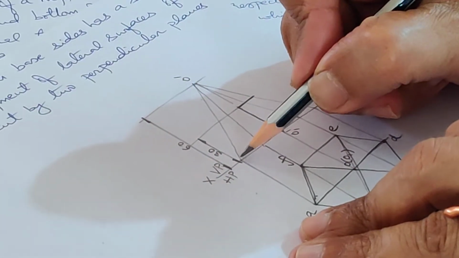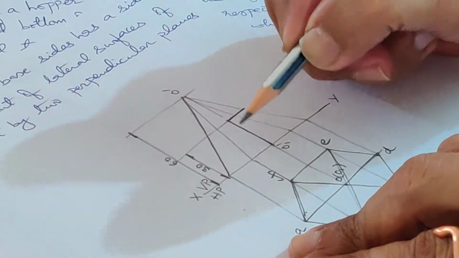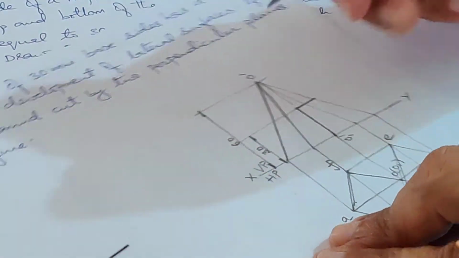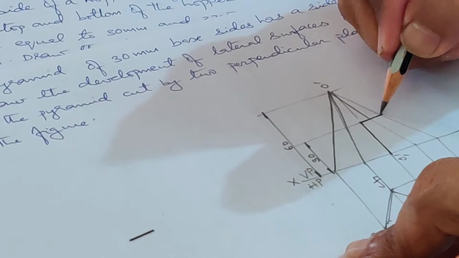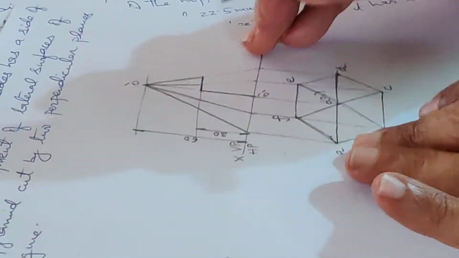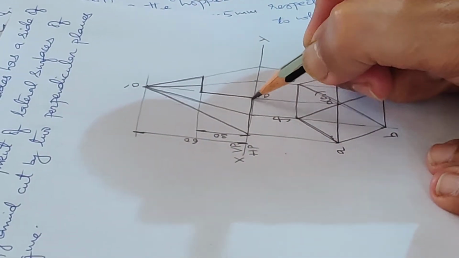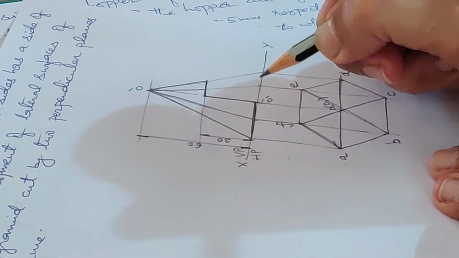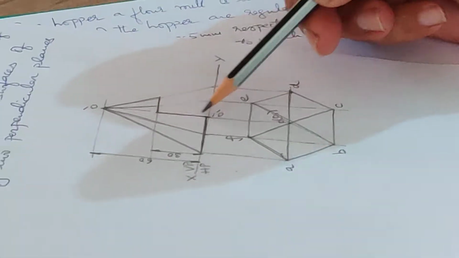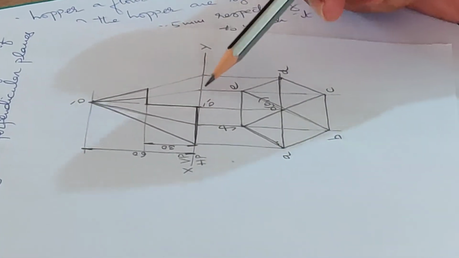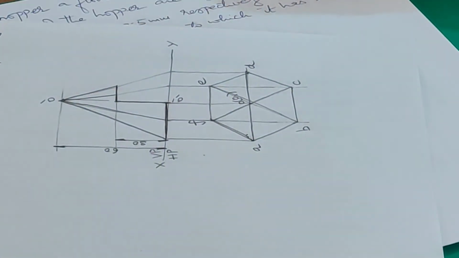So what is the retained portion? This is the retained portion. So this has to be shown with dark lines. Okay. So you need to draw the development for this portion only. So this is the portion that has to be removed.